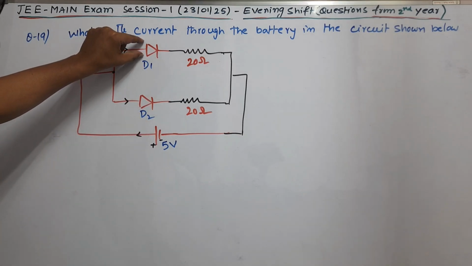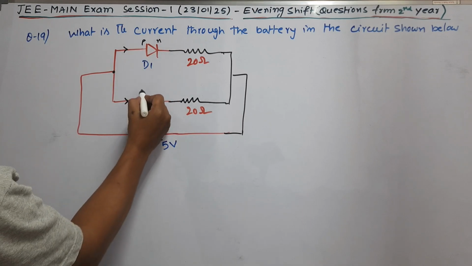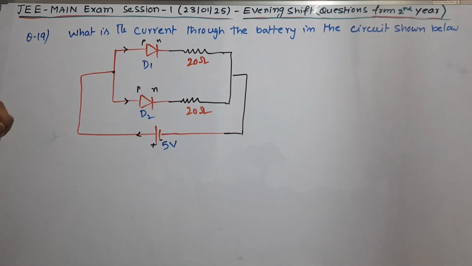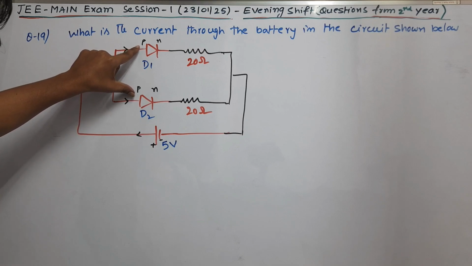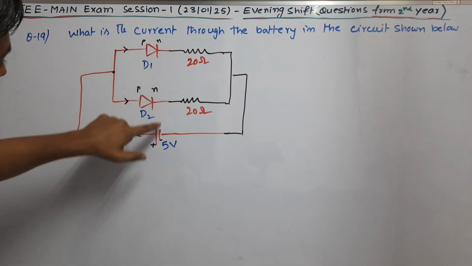You know, this is P type semiconductor, this is N type semiconductor. So this is P and this is N. In these 2 diodes, the positive terminals are connected to positive and the negative terminals are connected to negative.